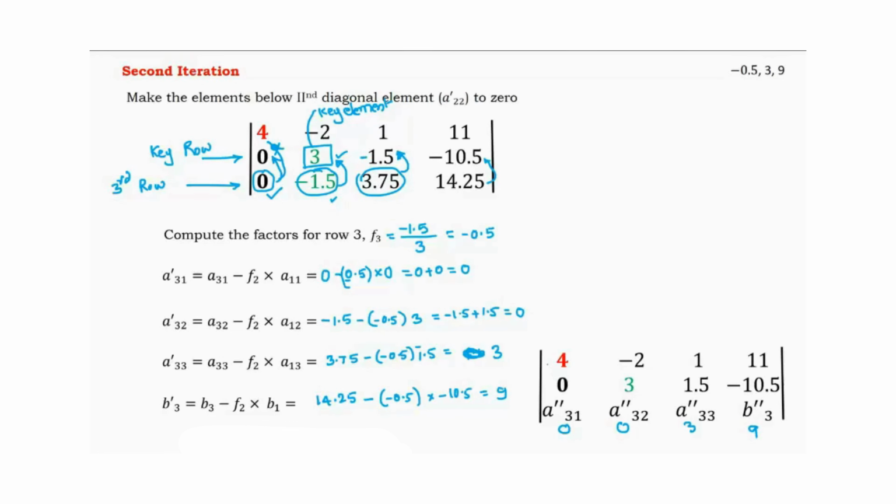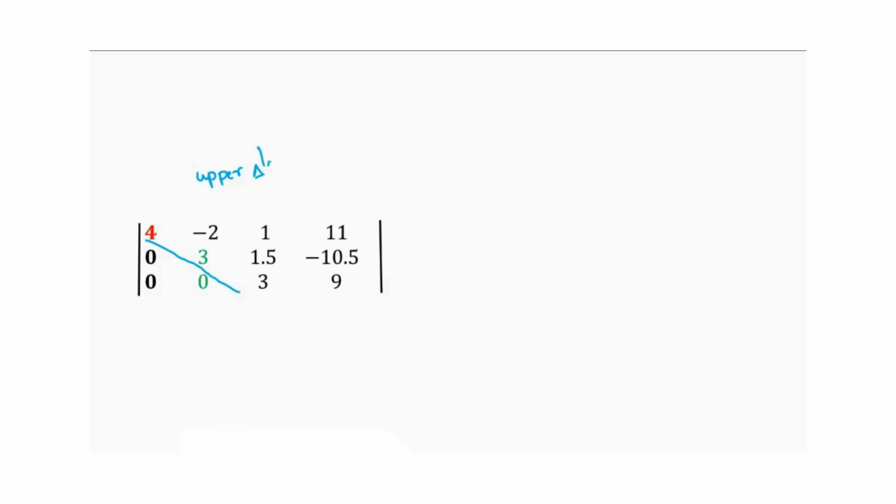So now you can see we have converted this into upper triangular elements, and the lower triangular elements are 0. The same thing I have written here. Now we have converted the given problem into an upper triangular matrix. I will give you an overview once again.